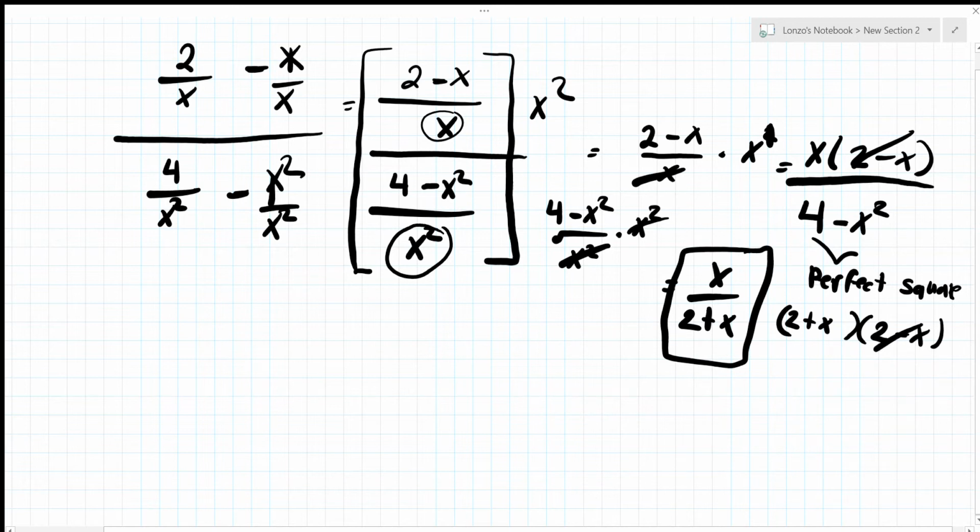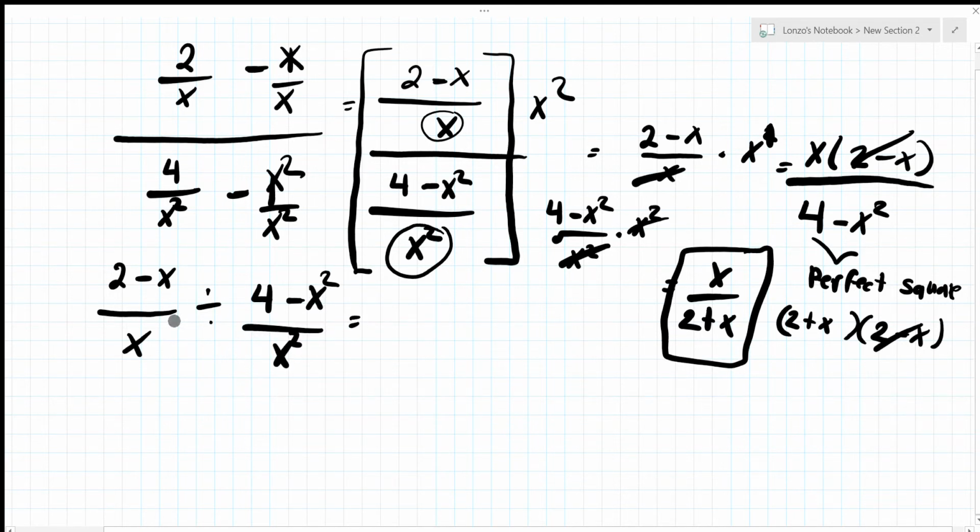Okay, so that was the bracket way, but you can also do it the other way. So you could have stopped right here and rewrite the problem as 2 minus x over x divided by 4 minus x squared over x squared. You could cross multiply, right?